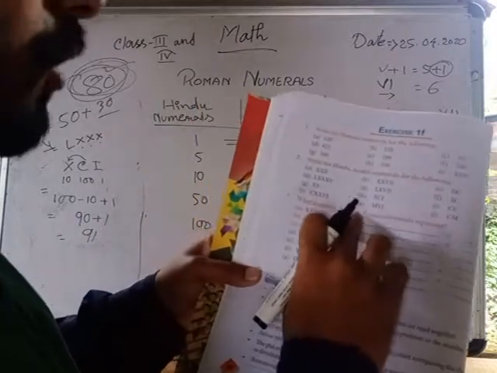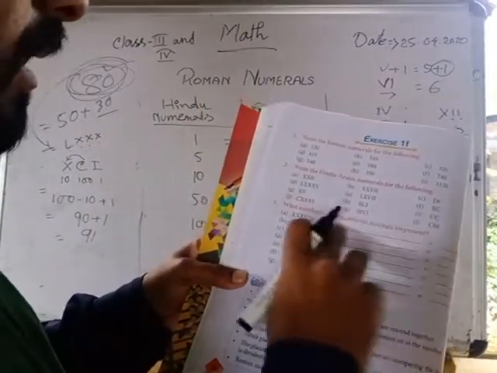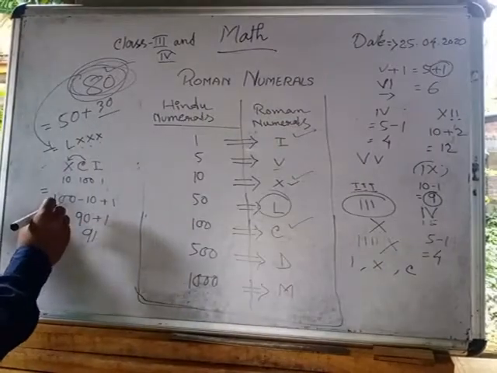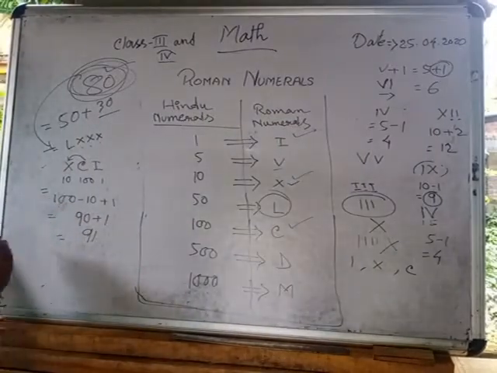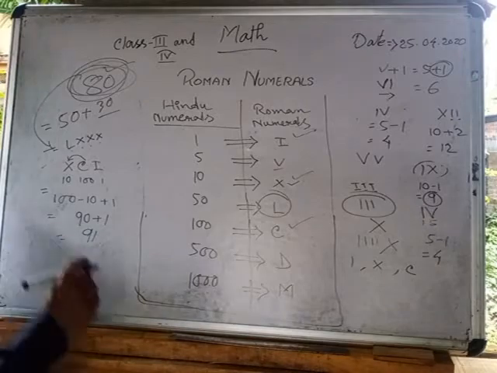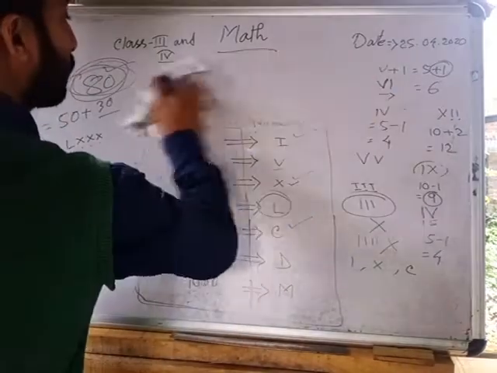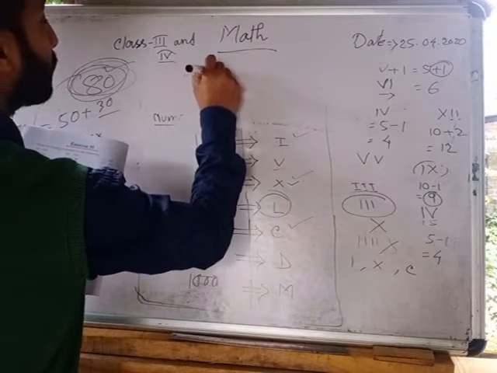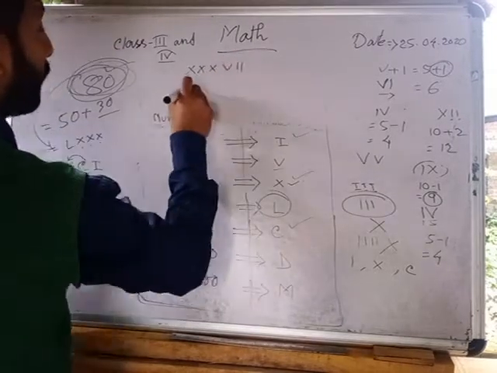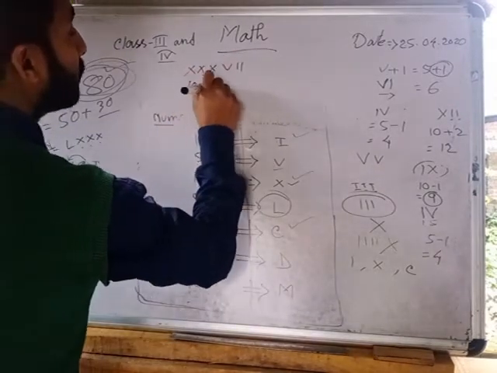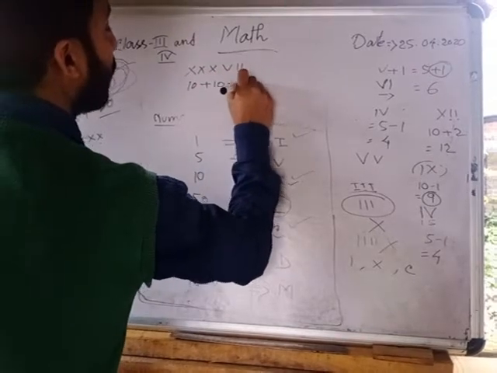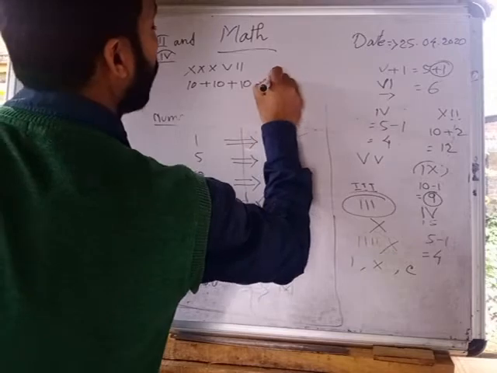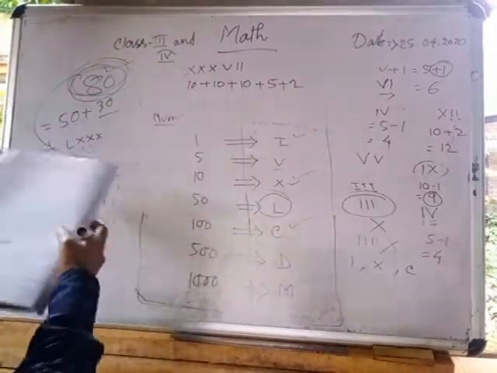What numbers do these Roman numerals represent? You should do like this: XXXVII. That means 10 plus 10 plus 10 plus 5 plus 2.